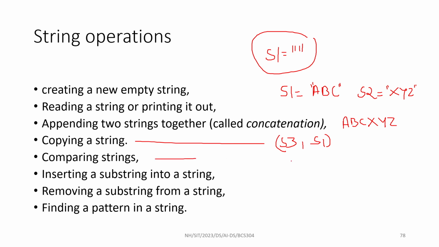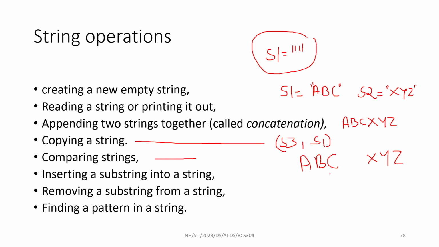Now, comparing two strings. Let us take a few examples on this. ABC is the first string and XYZ is the second string. I'm going to compare these two. In C, we have a function called strcmp, the string compare function. In the dictionary, ABC comes before XYZ.